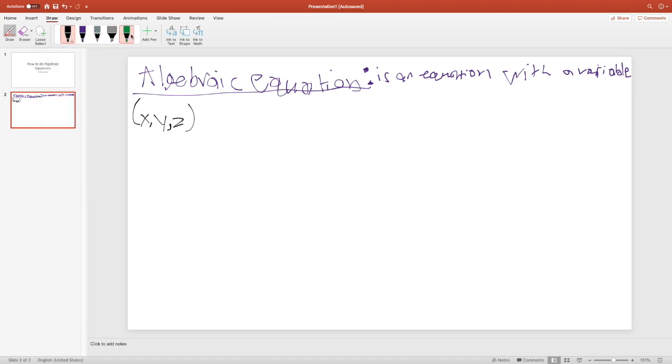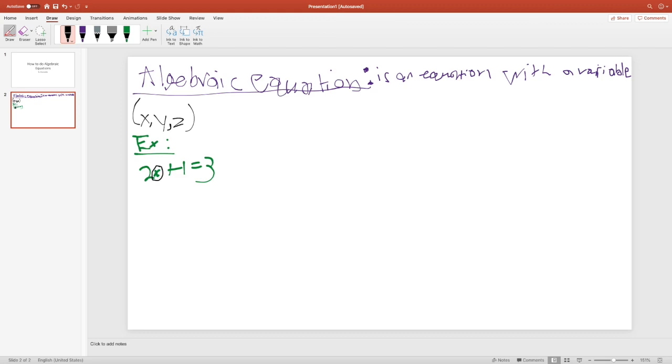So here is an example of an algebraic equation. Let's try this: 2x plus 1 equals 3. In an algebraic equation, you have to solve for the variable.